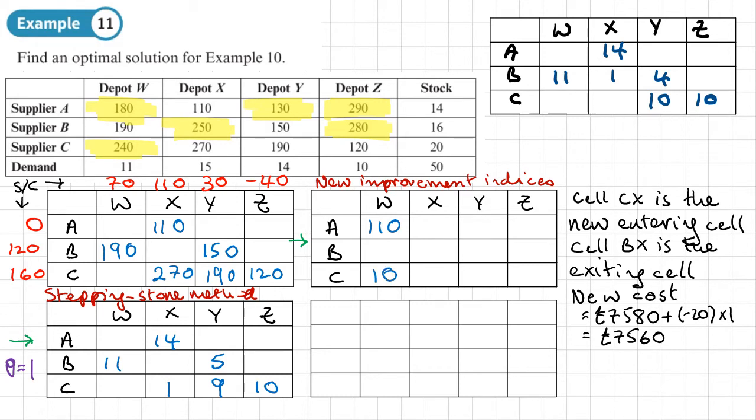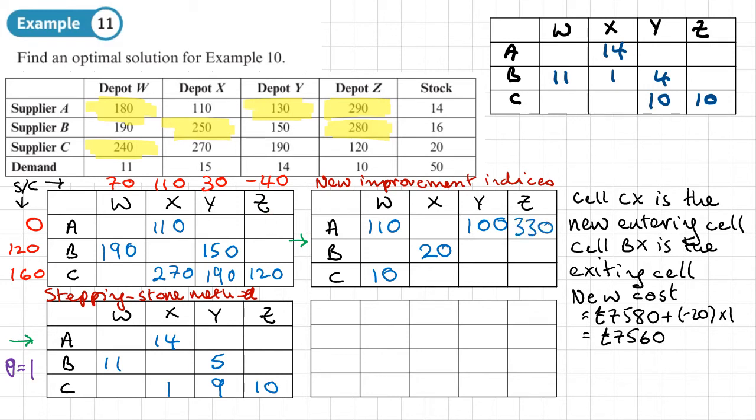Then we move to this cell here, which would be here. So 250 minus 120 minus 110. So 250 minus 230. That leaves us with 20. Then the 130 here, we're going to subtract 30. So that leaves us with 100. Then the last two, 290, which would be here. So 290 minus negative 40, so 290 plus 40 is 330.